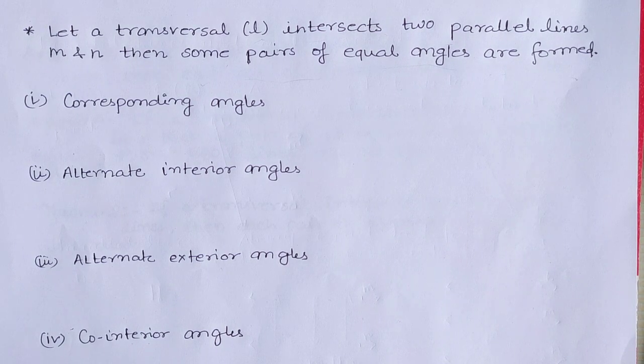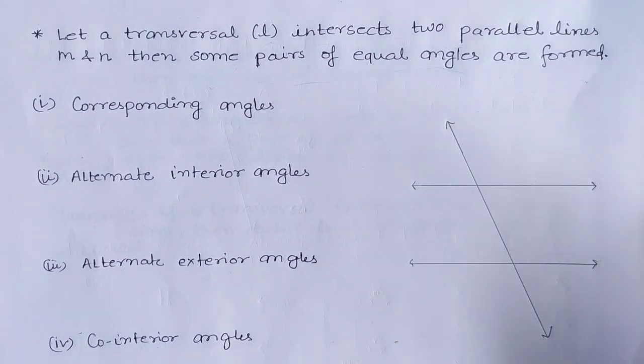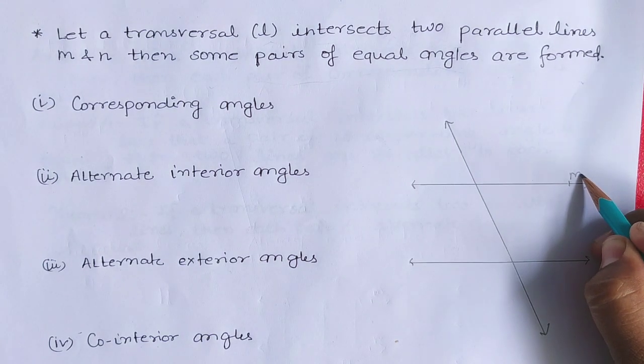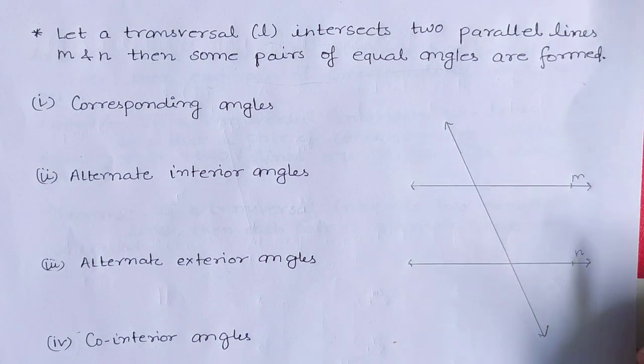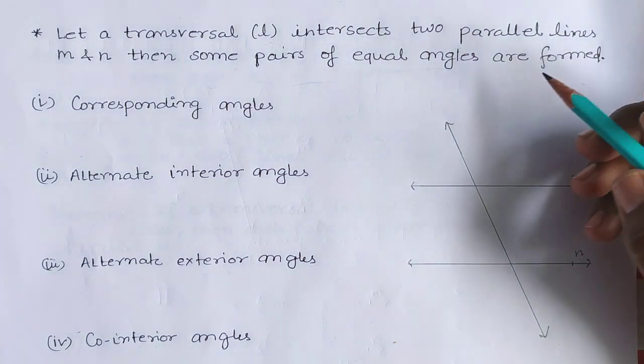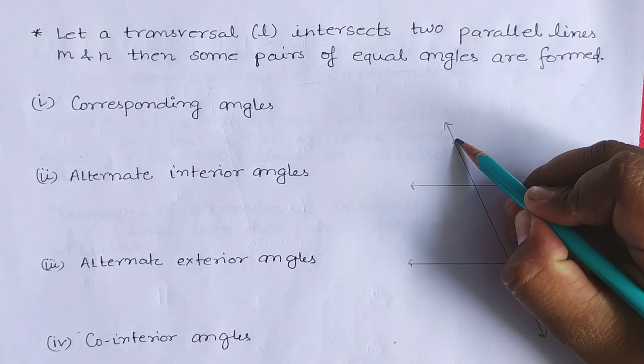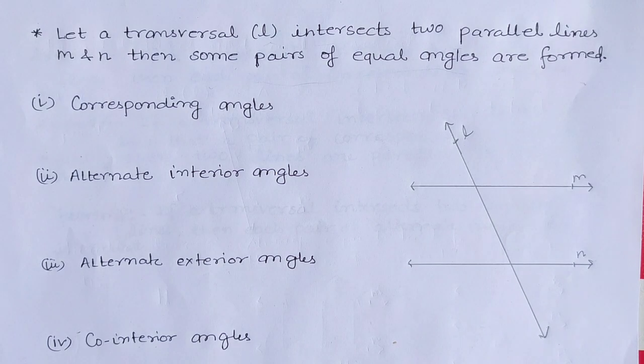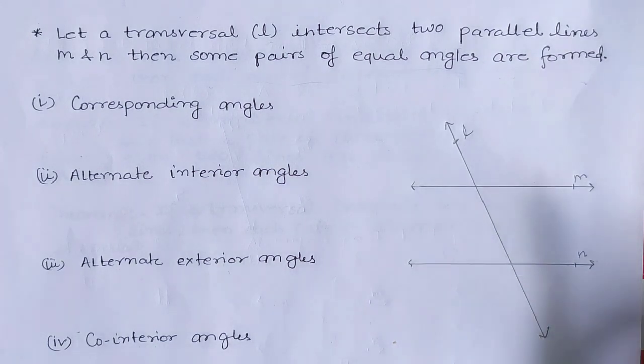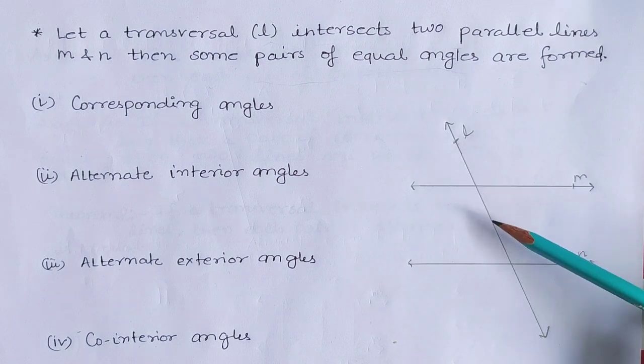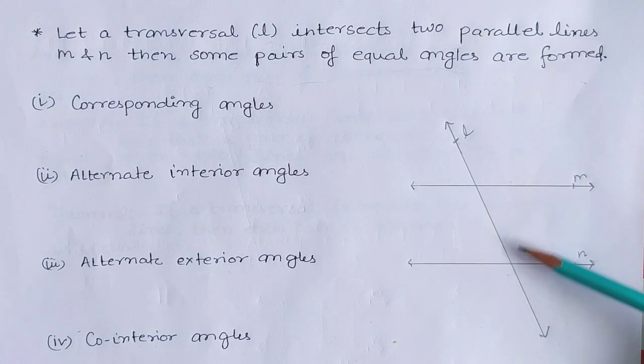Firstly, let us see how we will draw the figure of this. Here two lines are there, one is M and one is N, and this line is the transversal, suppose it is L. So M and N are parallel to each other and L is a transversal which is intersecting these two lines.